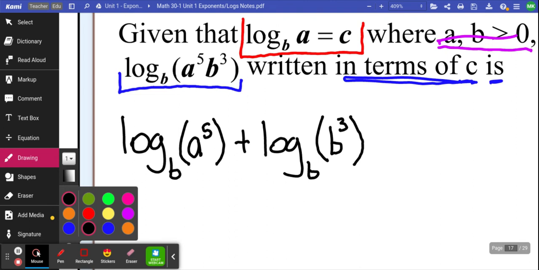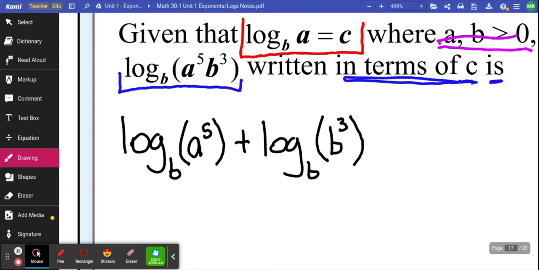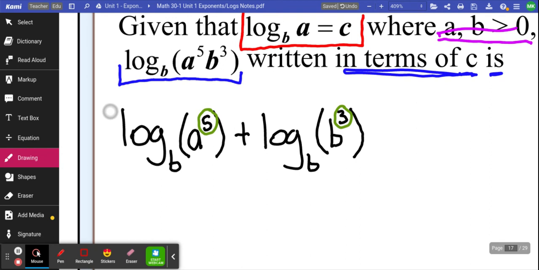The way that we're going to make that happen is by using our next log law. What's the next log law that I could use? Yeah, the exponents. We know arguments with exponents can be coefficients.